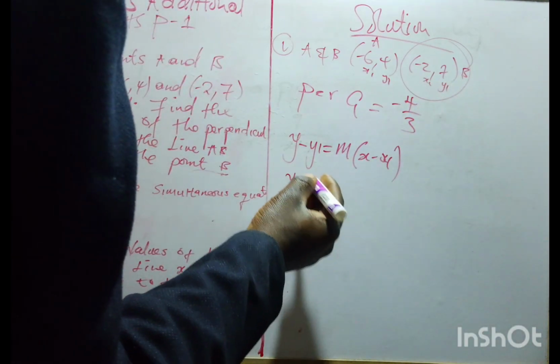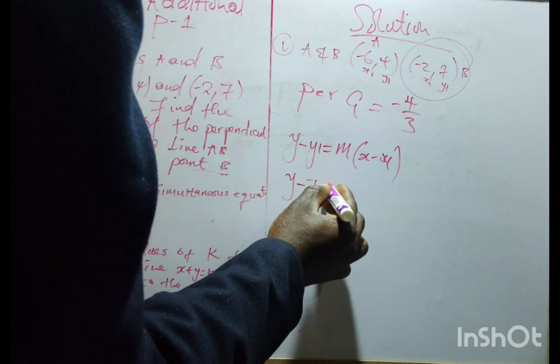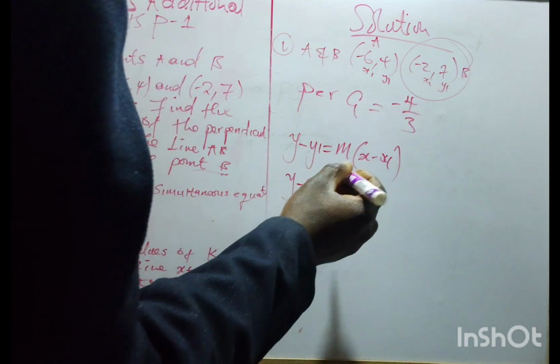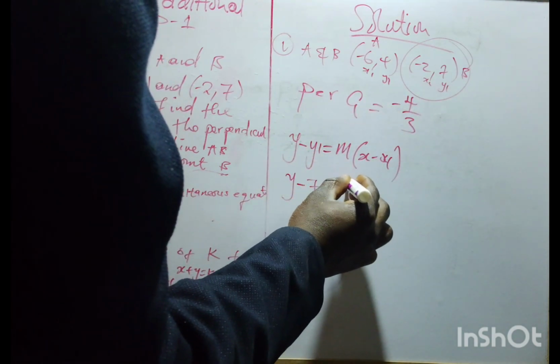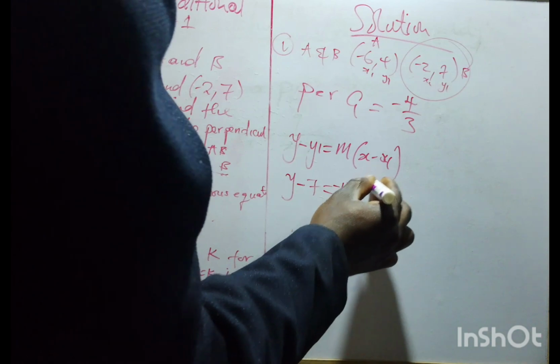Here y1 is 7, which should be equal to our gradient -4 over 3 and open bracket x minus, open bracket x1 we have minus 2.